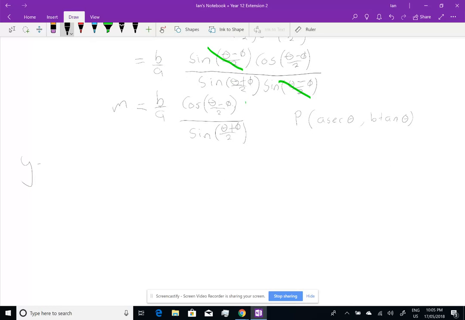So y minus y1, well, that's b tan theta, equals b on a, all this, cos theta minus phi on 2 over sine theta plus phi on 2, times x minus a sec theta.